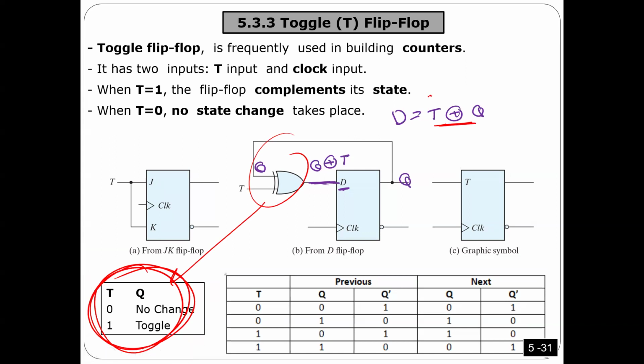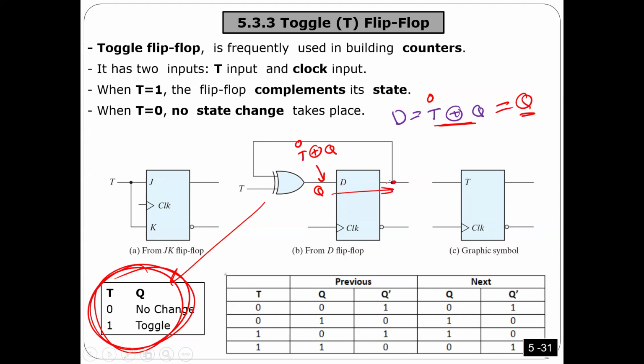As I told you, if T is equal to 0, 0 exclusive OR Q, we will get the same Q. So whatever the value here, it will get the same value back. Because that's how it works, okay? The way it works is actually Q is equal to D, because in the D flip-flop, Q is equal to D. And D here is actually T exclusive OR Q. So when T is equal to 0, this one will be similar to Q. Okay, and because Q is equal to D, there will be no change.